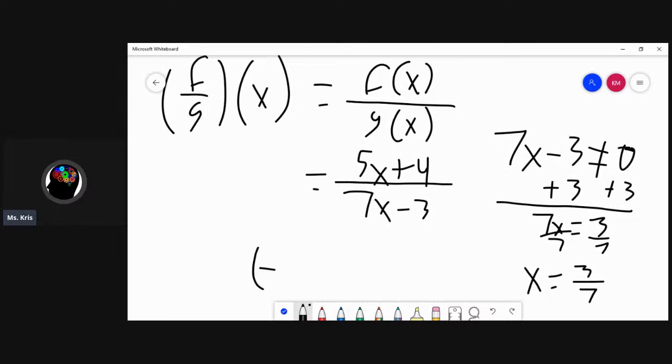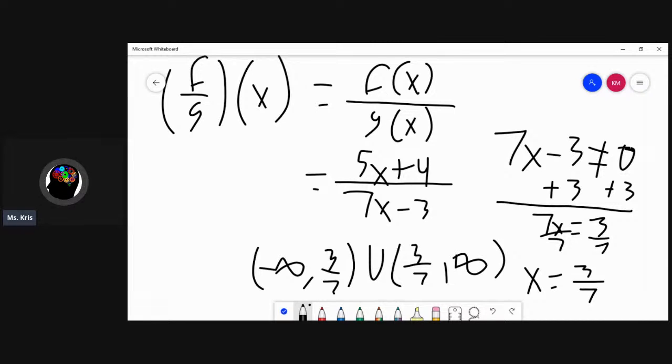So my set notation is going to be from negative infinity to 3 over 7, union 3 over 7 to infinity. That is for my domain, and my range is from negative infinity to infinity because there's no blip in my range.